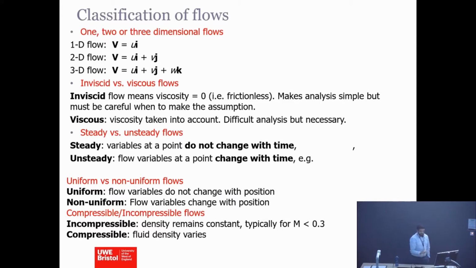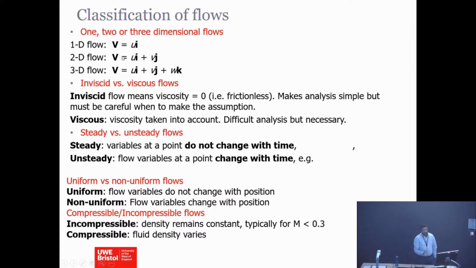In many cases, most of the change is in just one direction, so the other two directions are not important and you can assume one-direction flow. In other cases, that's not true. You have to consider y as well, so you have to go to 2 dimensions. And in other cases, life is actually 3D, so 3D has to be considered.